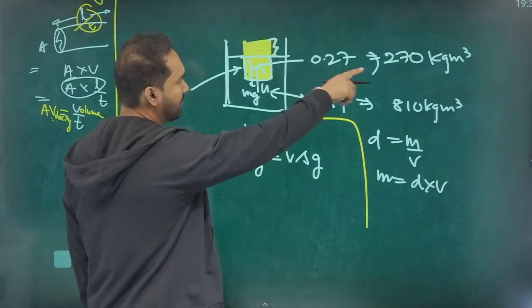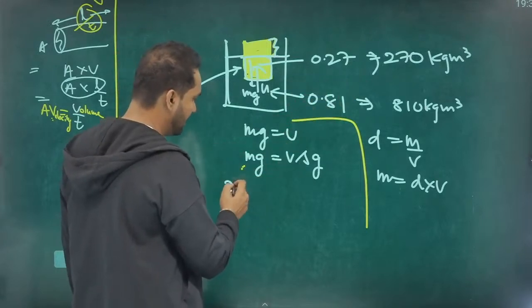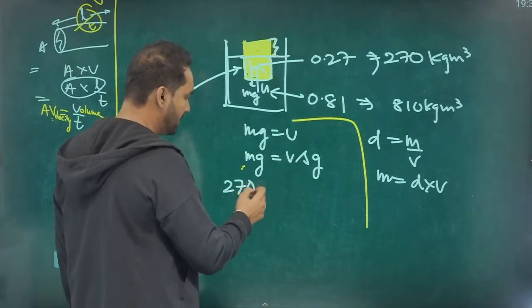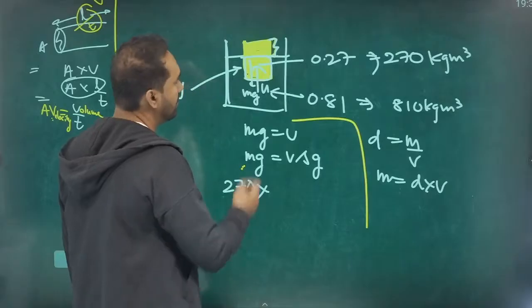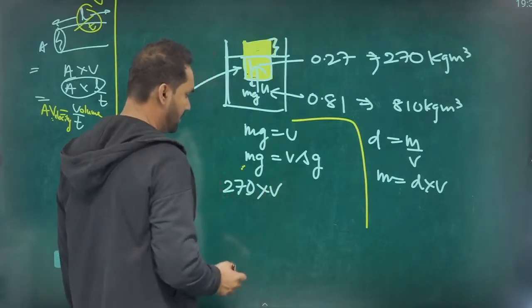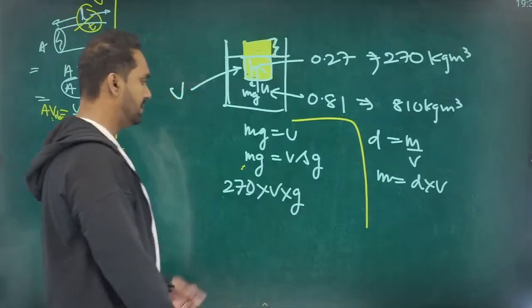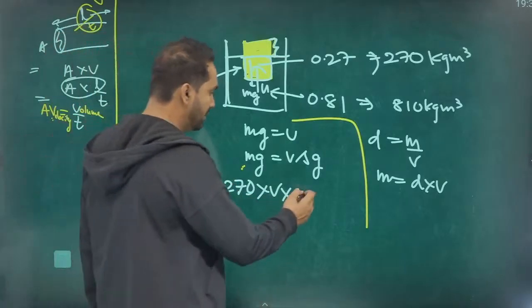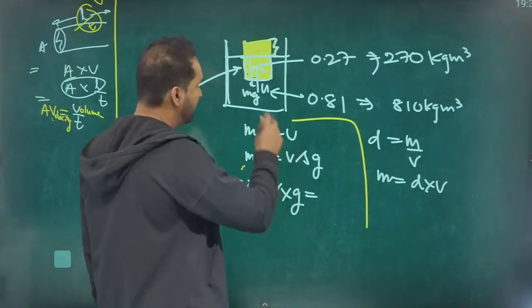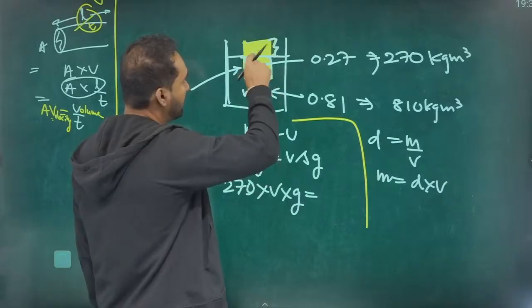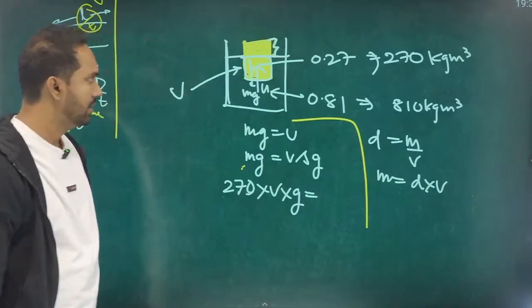The density of the cube is 270, so 270 times volume V, that is mass, times g. This is mg now, and it equals the upthrust.